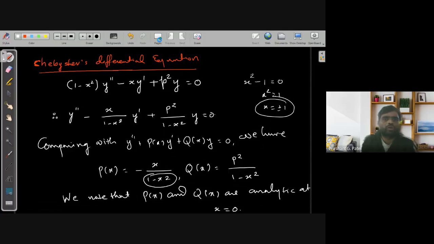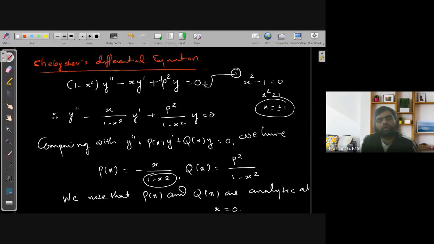So we can say x equal to 0 is an ordinary point of equation 1. What is equation 1? It is this one.